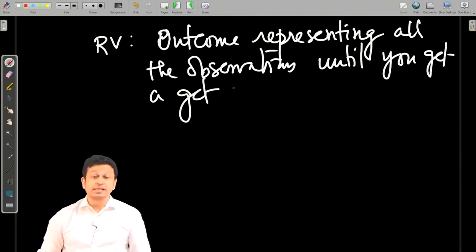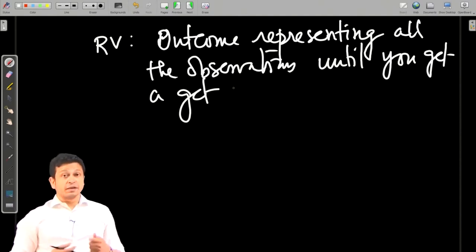So, your random variable is basically you do this experiment, you keep on doing the trial unless and until you get a head.